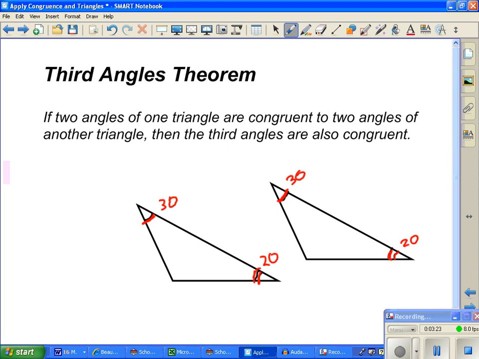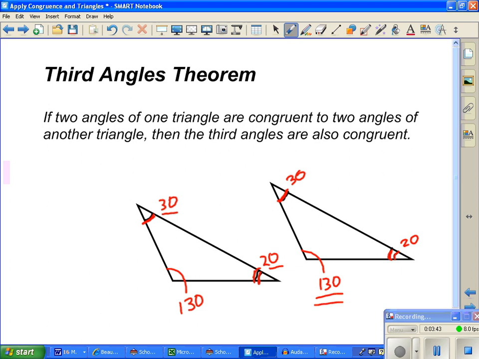Well, since they're triangles, aren't the interior angles of these triangles going to add up to 180 degrees? Well, what does that mean? If this is 30 and this is 20, what's left over here is going to be 130, which means it has to be the same thing as this.